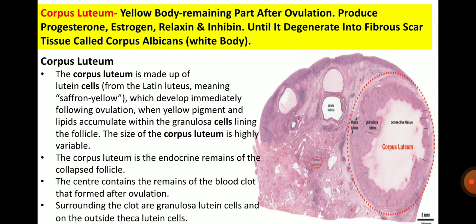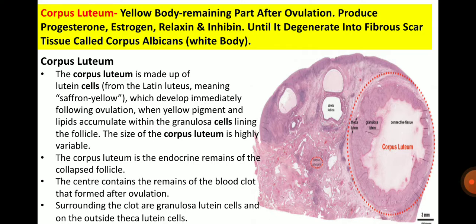It develops immediately following ovulation, when yellow pigment and lipids accumulate within the granulosa cells lining the follicle. The size of the corpus luteum is highly variable.